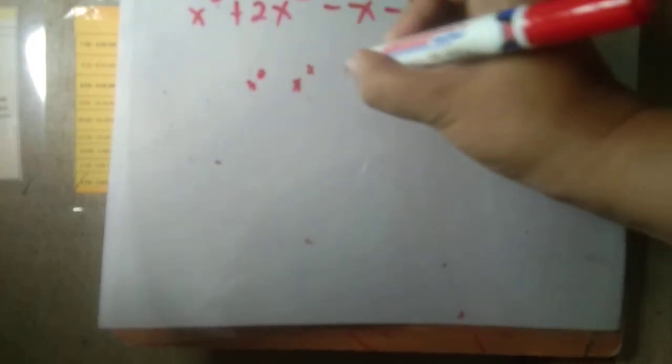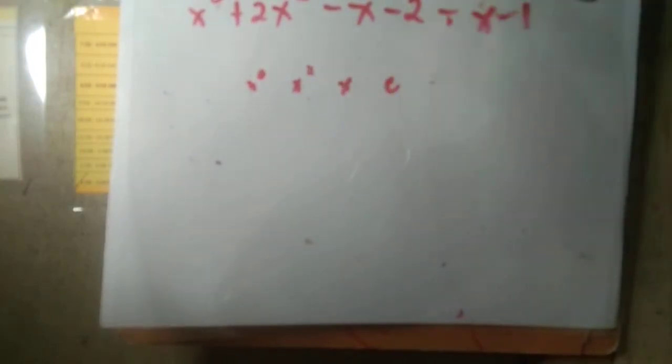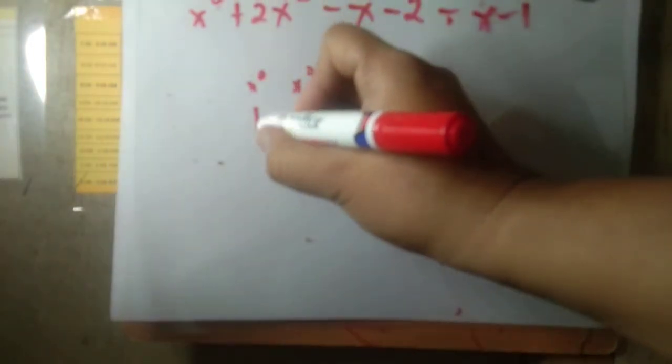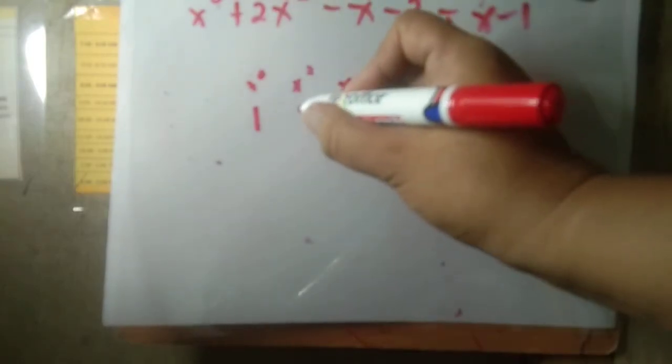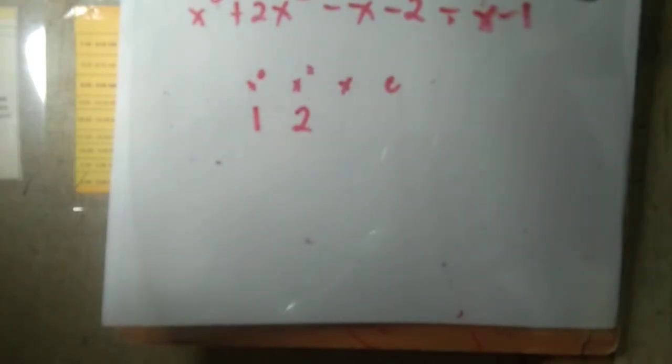So again, we will start now with your x cubed, the numerical coefficients. So we have x cubed, x squared, x, and your constant value. The numerical coefficient of your x cubed would be 1. You will just write it as 1. For x squared, your numerical coefficient is 2.